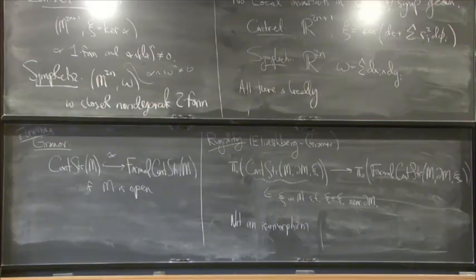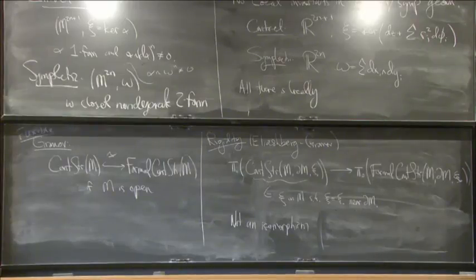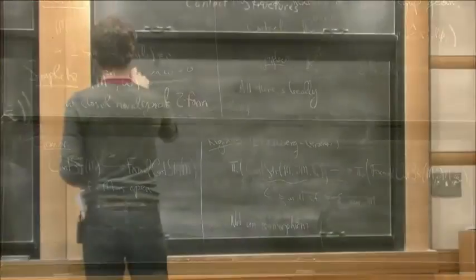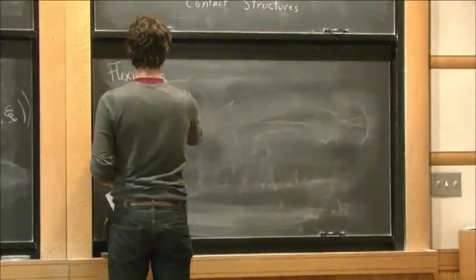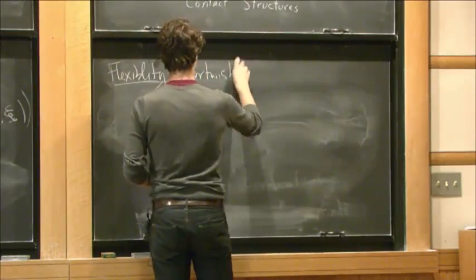OK. So I'll just write this here. So then we have the following flexibility of overtwisted contact structures.